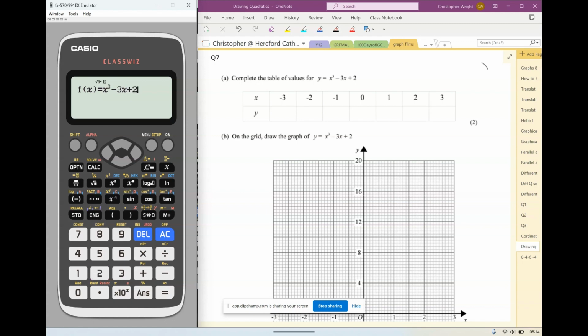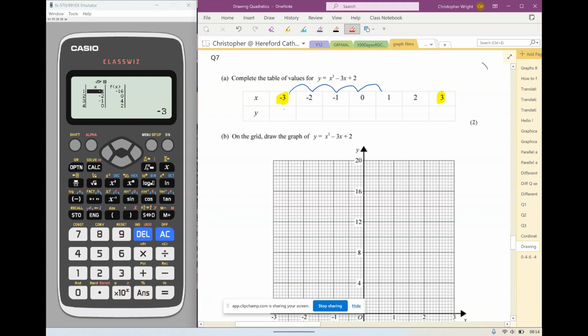Check you put it in correctly before you press equals. No thank you, I don't want a second function. My table is starting at -3, ending at 3, and is in steps of 1. So start -3 equals, end 3 equals, step of 1 equals, and here are my y values.